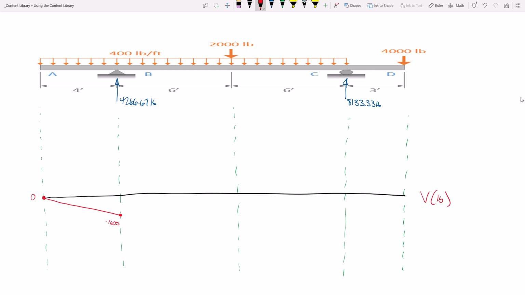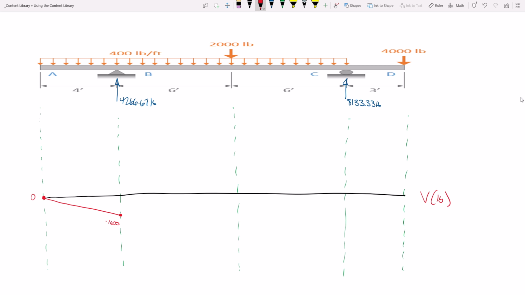Negative 1,600. Pop quiz. What's the slope of that line? You don't need to do any math. Negative 400. But you're right. The slope of the shear diagram is equal to the load. So the slope of that line is negative 400.